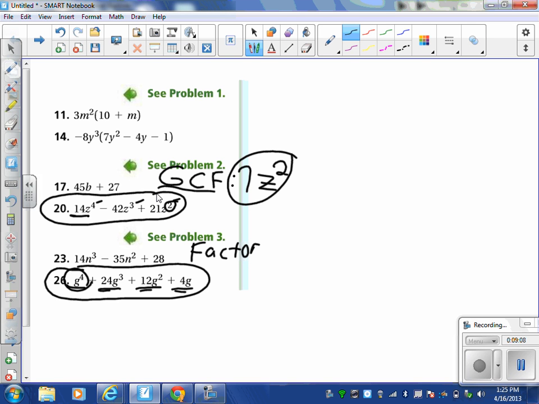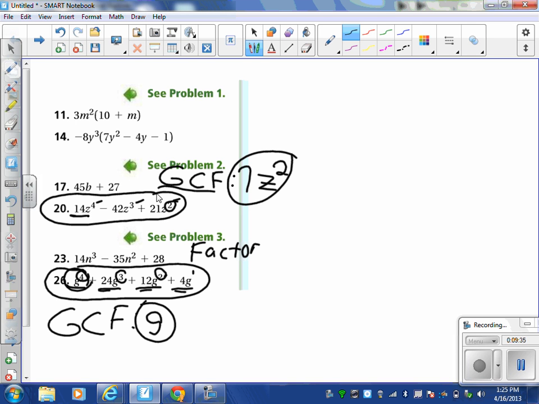But you did find out that the greatest common factor for this problem was a letter. And this one had 1G, this had 2, 3, and 4. So the greatest common factor is just G, because this one only has 1G.